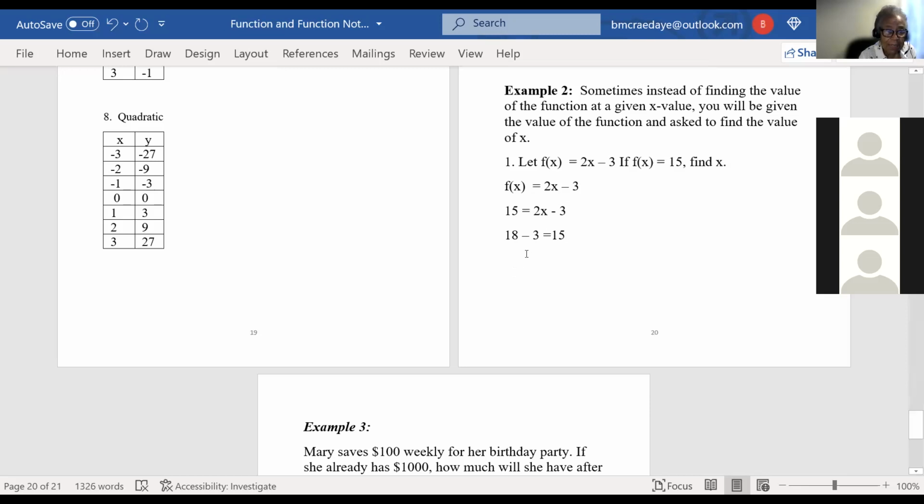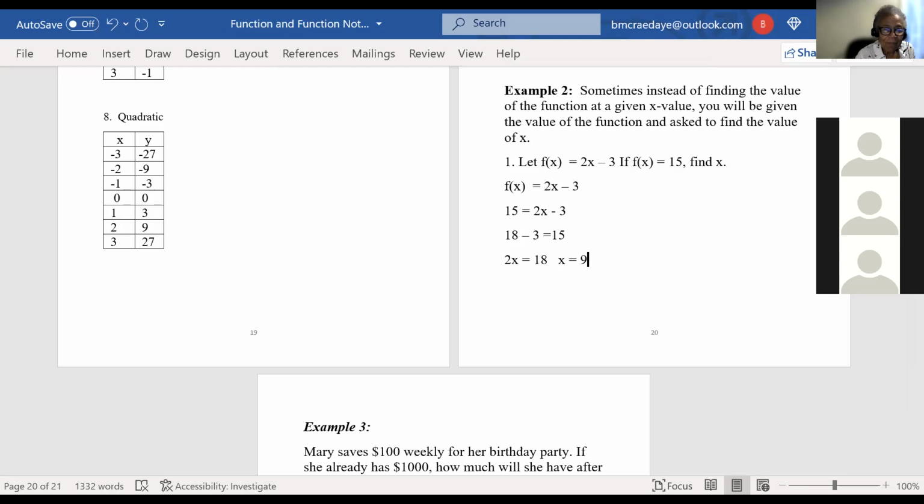This is how you can just logically do your answers. So that means 2x equals 18, and only one number multiplied by 2 gives 18. That's 9, right? So x equals 9. 9 times 2 is 18. 18 minus 3, 15.